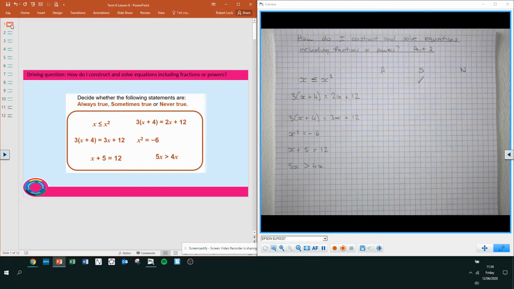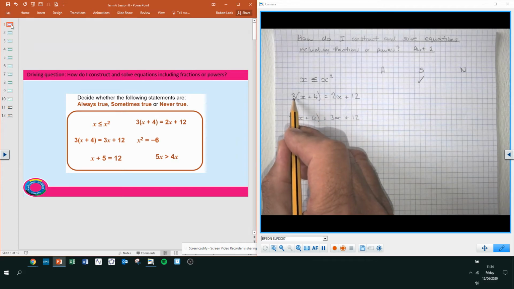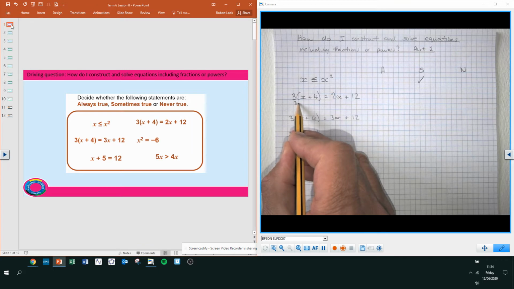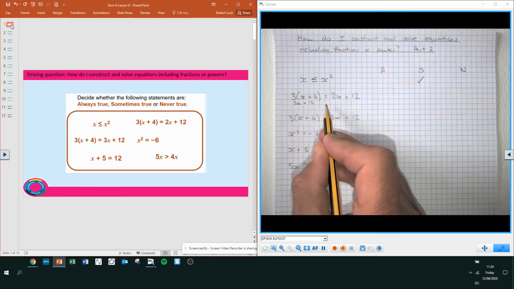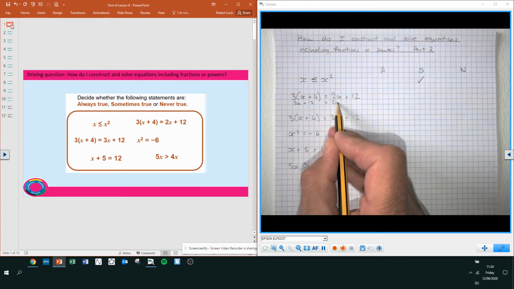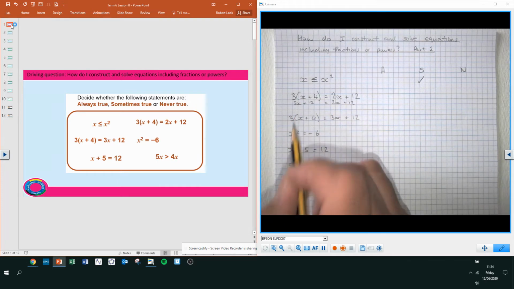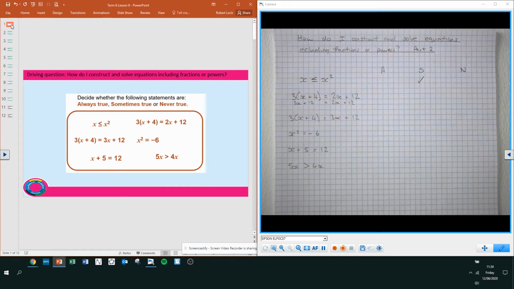Next question. 3 bracket x plus 4 bracket equals 2x plus 12. Well, if you want to work out the brackets, we have 3 times x is 3x, 3 times 4 is 12, and we have 2x plus 12. So you can see that 3x plus 12 is not the same as 2x plus 12, so it's not always true.